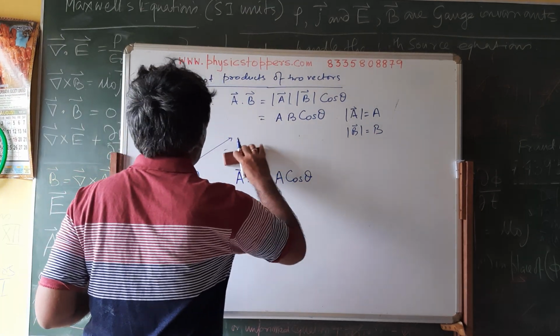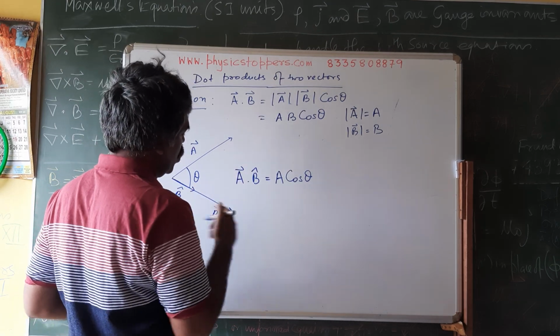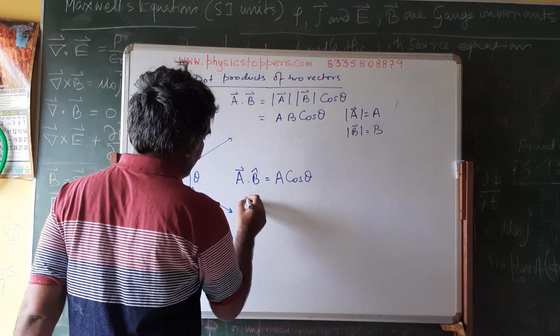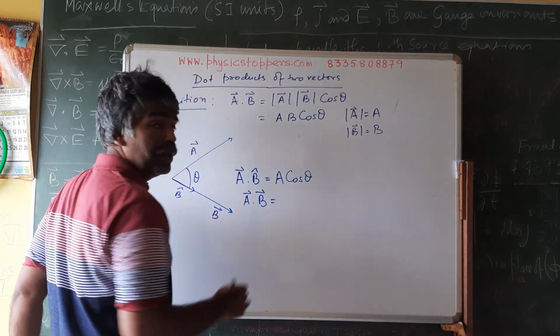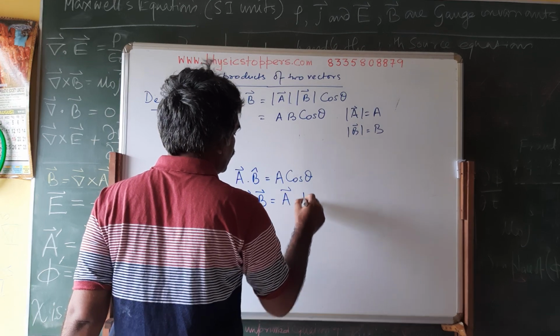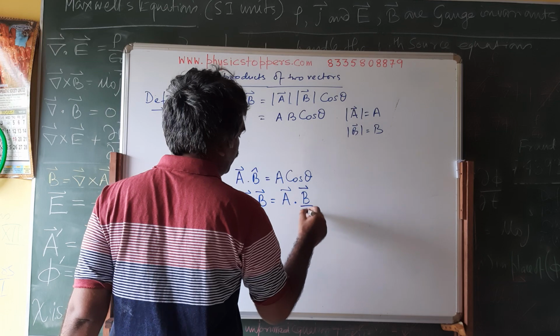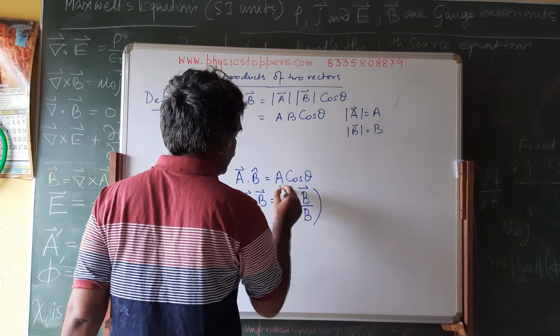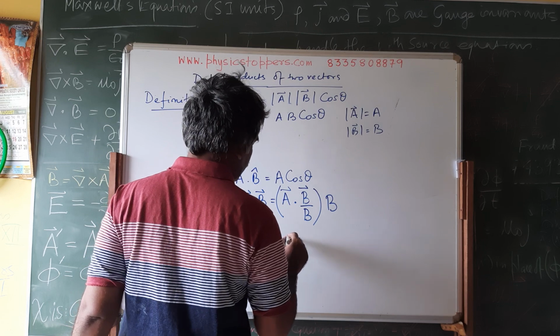Let me erase this part. Now if I write A dot B as A vector dot, I divide B vector by B and multiply the same by B. So what shall I get?